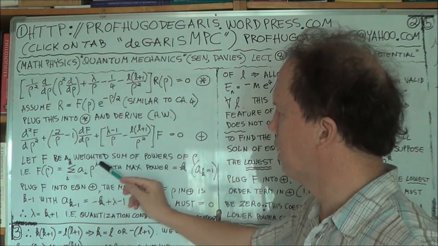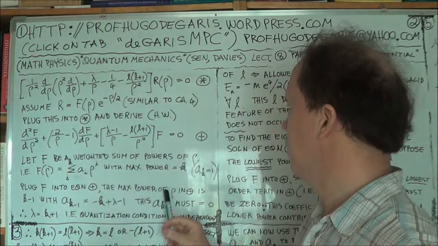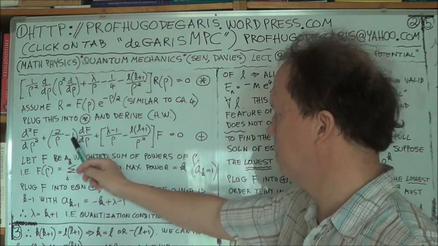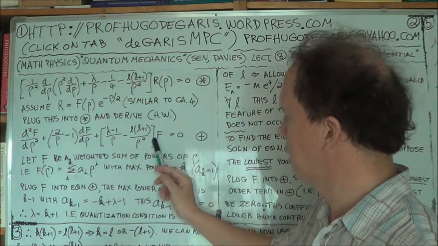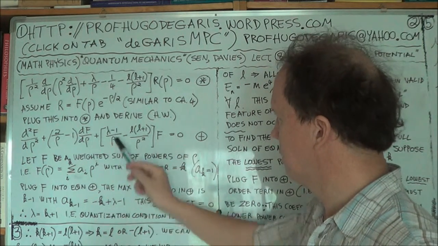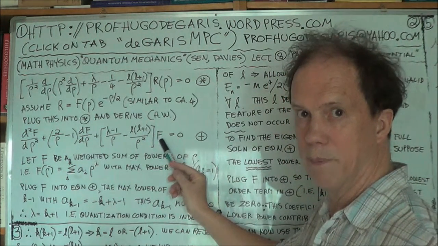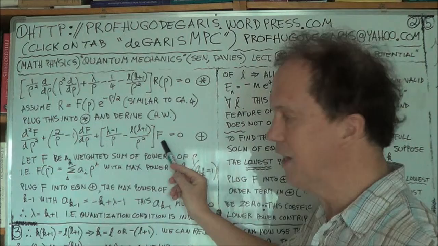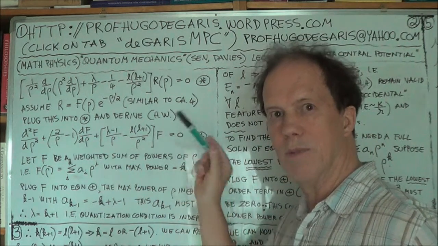to rho to the K minus 1, and you've got a minus 1 here. So you'll get a minus K that comes from here. Minus K, and you'll get a lambda minus 1 from this term, because this F will have a maximum power of rho to K divided by rho, so that'll be a power rho to K minus 1.